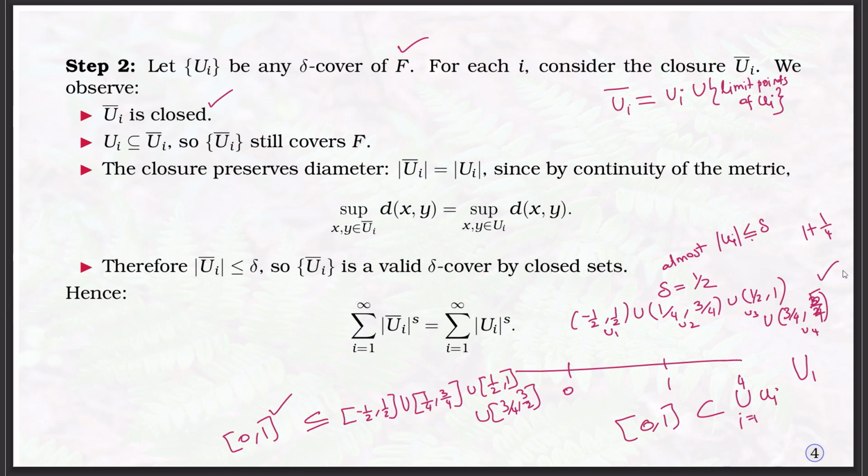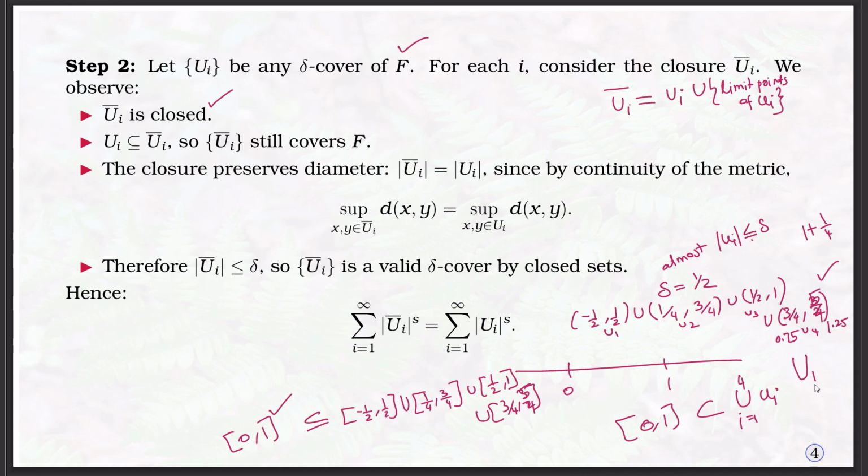This is 5/4, because if you are taking 3/4 to 5/4, it will cross the delta length of 1/2. That means 5/4 equals 1.25, and this one we can take as 0.75. If we subtract this, we will get the maximum delta is 1/2, it is not 3/2, it is 5/4.